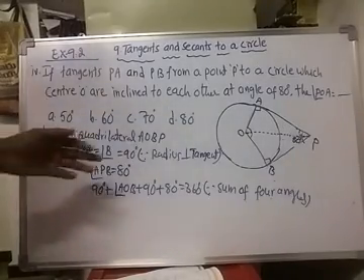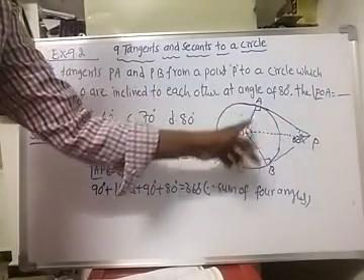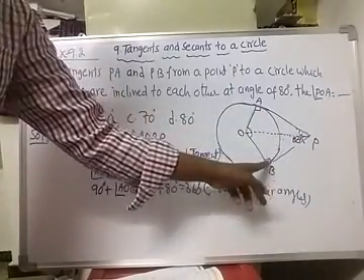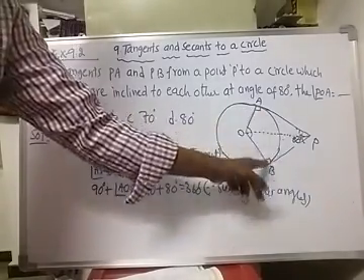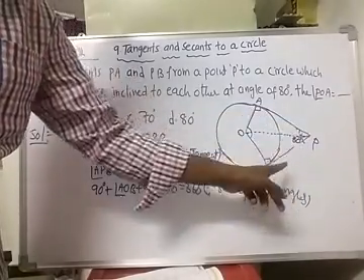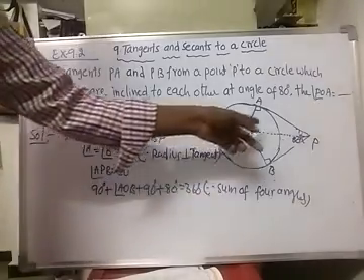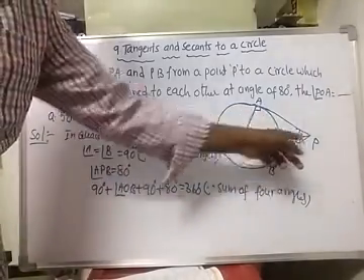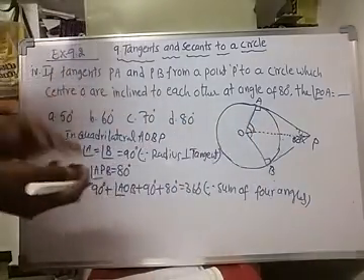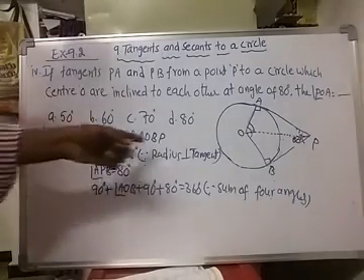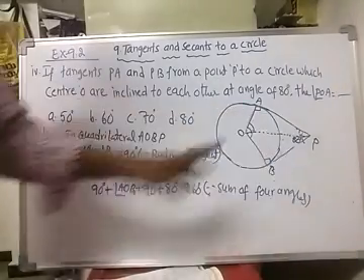Let's see. In quadrilateral AOBP, angle A is equal to angle B, because the radius and tangents are perpendicular to each other, so 90 degrees is formed, and angle APB is equal to 80 degrees.